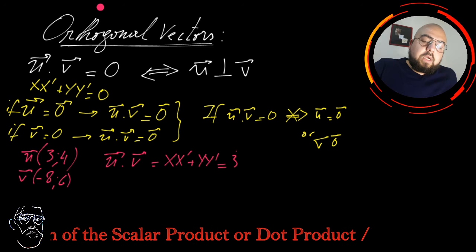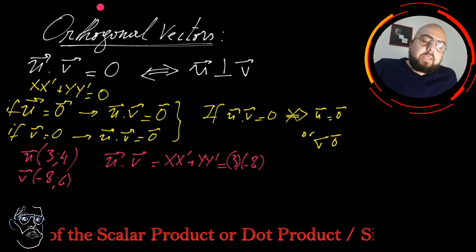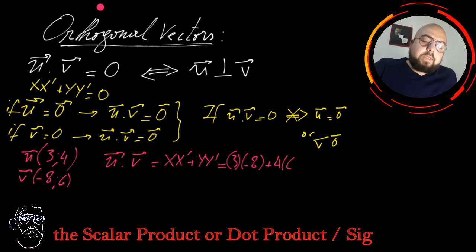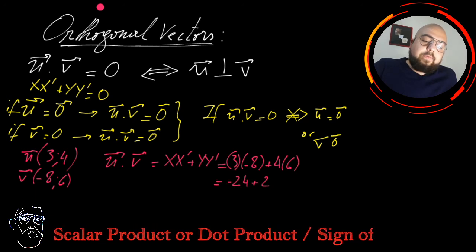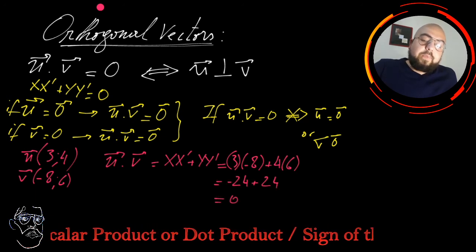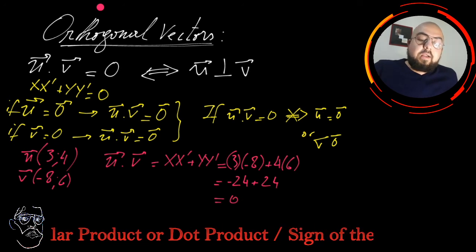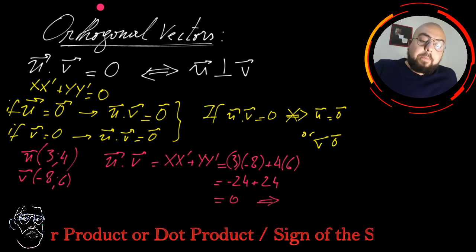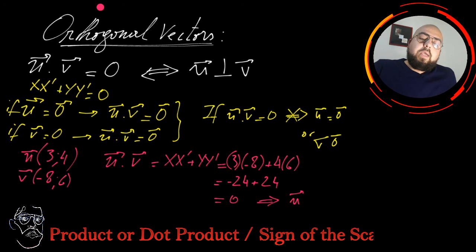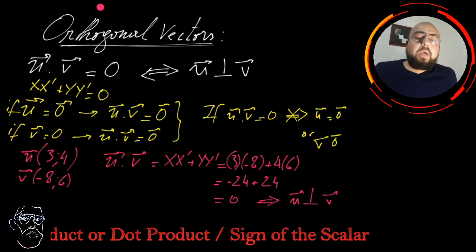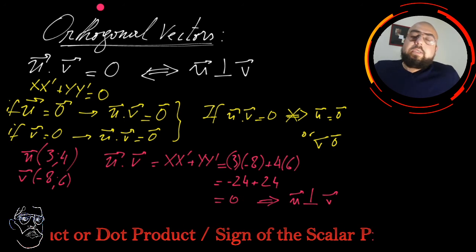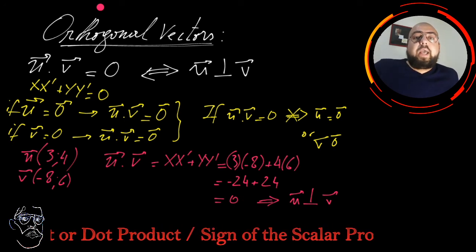So it's 3 times -8 plus 4 times 6. It will be -24 plus 24. So it will be 0. As you can see, u scalar v is equal to 0. It implies that u is orthogonal to v. Alright, this was a certain remark related to the sign of scalar product.